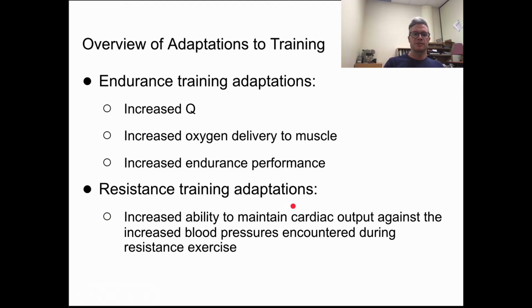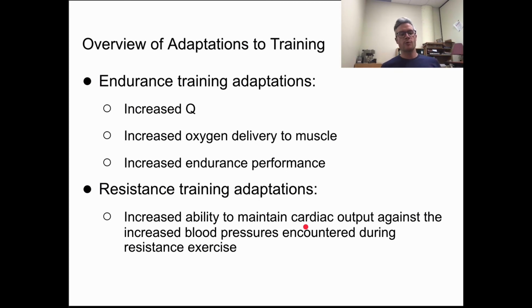For resistance training, we don't see a lot of the similar cardiovascular changes directly to our oxygen delivering capacity, but what we do see is an ability to increase cardiac output against the increase of blood pressures encountered during resistance exercise.